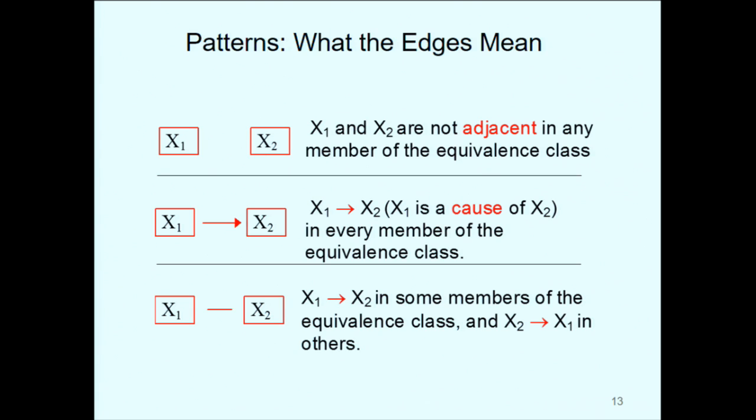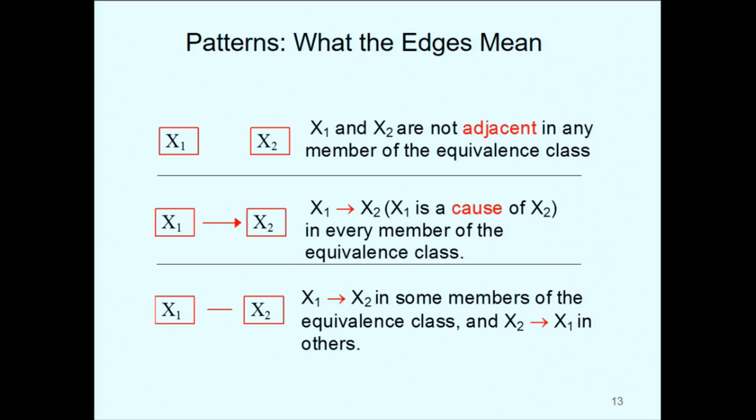Well, if I have in a pattern no edge at all between x1 and x2, that means that x1 and x2 are not adjacent in any member of the equivalence class. So if you see in the pattern they're not adjacent, then in all the graphs that pattern represents, neither are they adjacent.